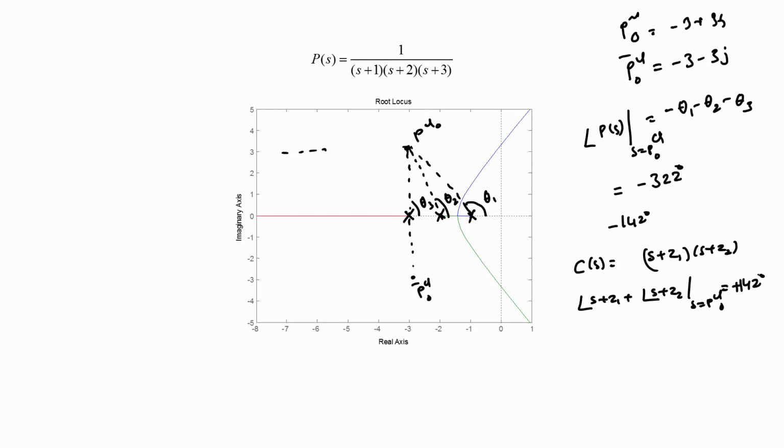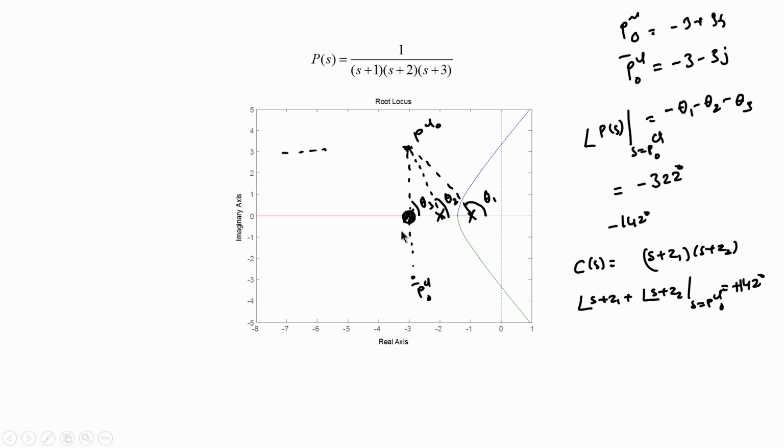Now, we have freedom in locating Z1 and Z2 wherever we want. If we pick Z1, then we need to choose Z2 such that the angles subtended by the two together add up to 142 degrees. So, what we can do is choose to place Z1 exactly at s equal to minus 3, at this location here.